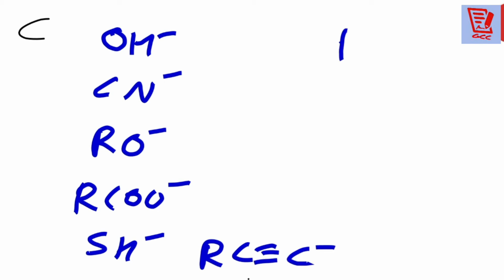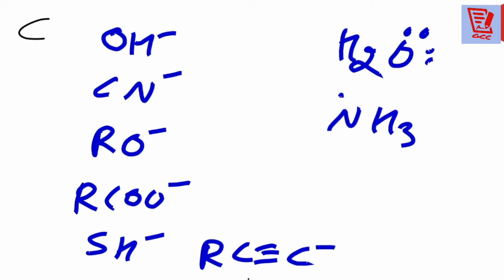Same way H2O is a nucleophile because of the lone pair of electrons. Ammonia has a lone pair of electrons. RNH2, an amine, has a lone pair of electrons. These are the neutral nucleophiles. There can be a negatively charged nucleophile or a neutral nucleophile. Is that clear?